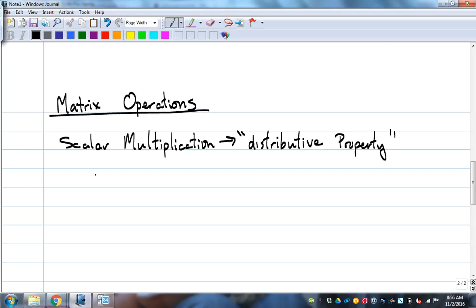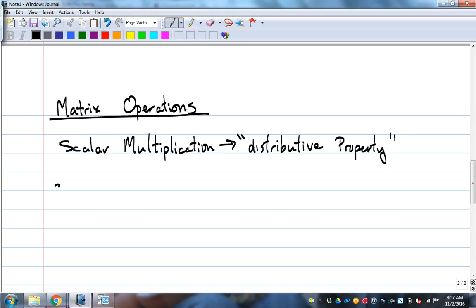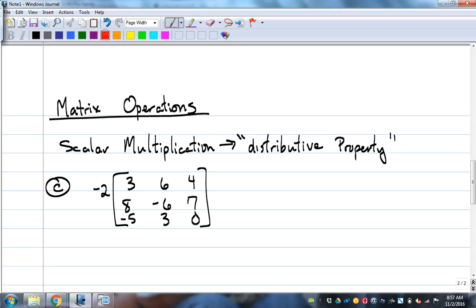That's what it's similar to. So like example C, maybe you've got -2 on the outside of a matrix that's got 3, 6, 4, 8, -6, 7, -5, 3, 0. All that means you do is multiply everybody on the inside by -2.